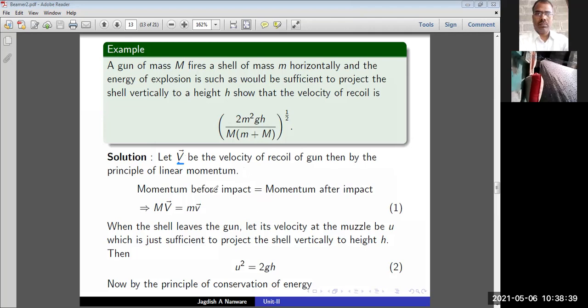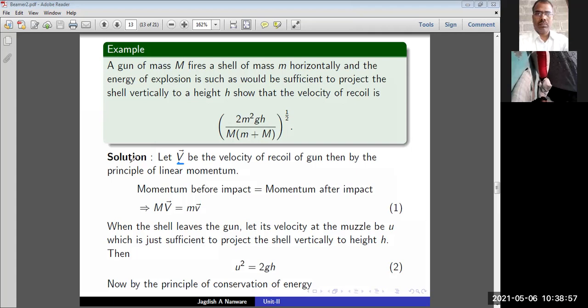So momentum before impact means before firing the shell, and after impact means after the explosion took place. So what will be the momentum in that case?